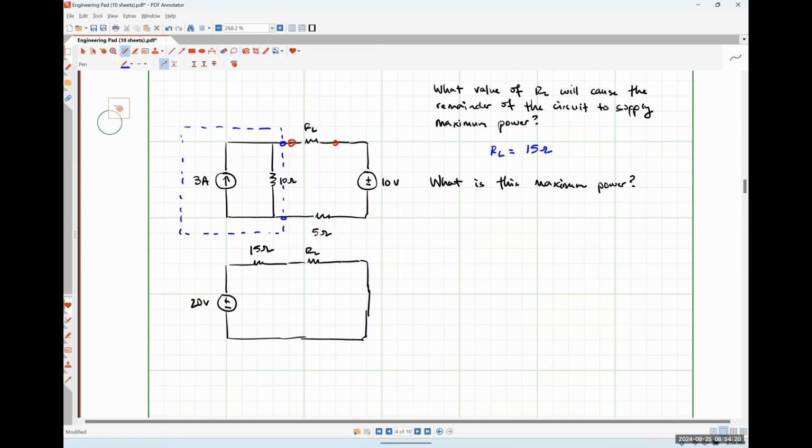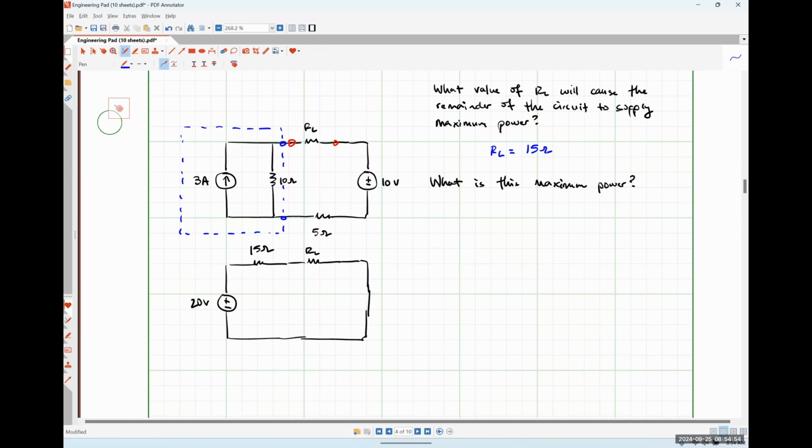If we have the circuit simplified down to a practical source, doesn't matter if it's a voltage source or current source, connected to our load resistance, maximum power transfer occurs when our load resistance is equal to the source resistance, okay? So if we have it simplified down to a practical source connected to a load, the value of the source resistance has to be RL for maximum power transfer theory to work, okay?